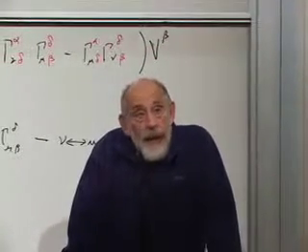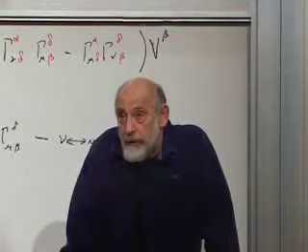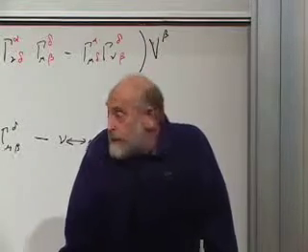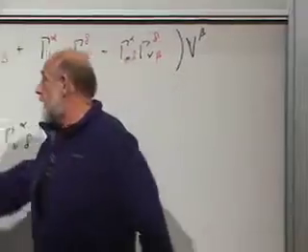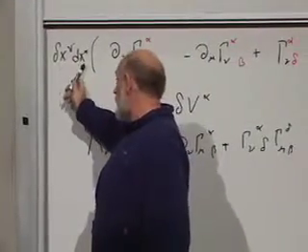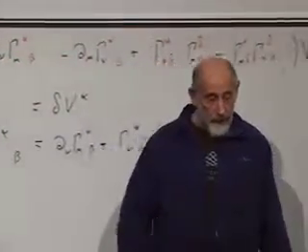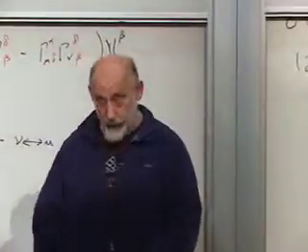In other words, any plane can be characterized by two vectors. Any two vectors characterize a plane. So if I choose two infinitesimal vectors, delta x nu and dx mu, these are two different vectors, then they define a plane.